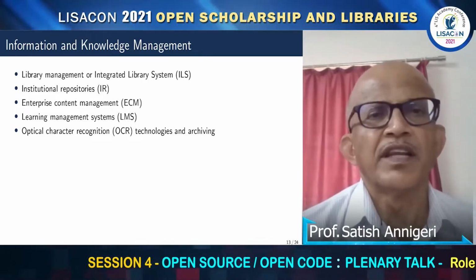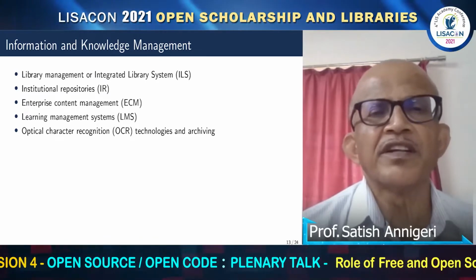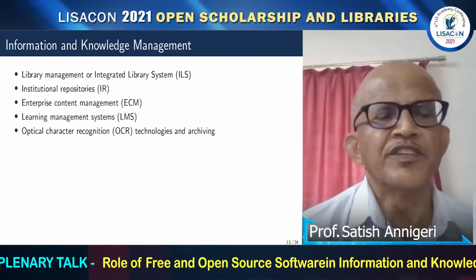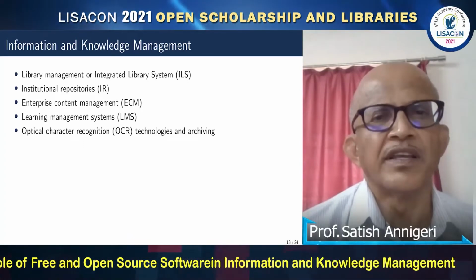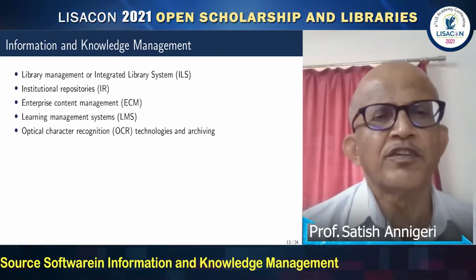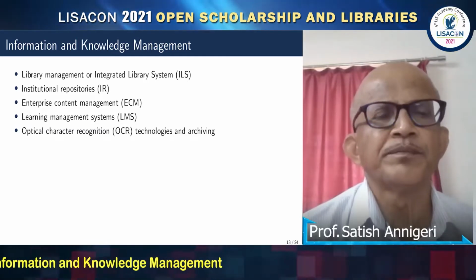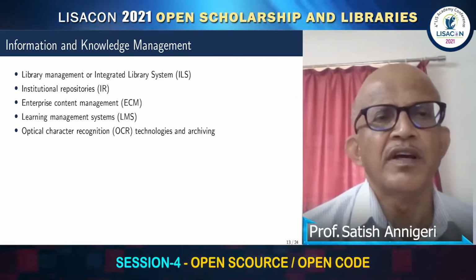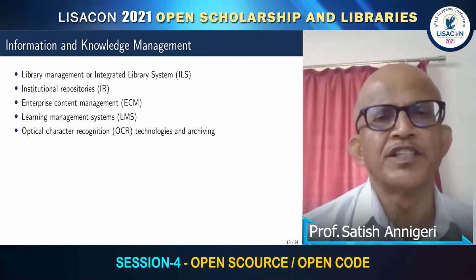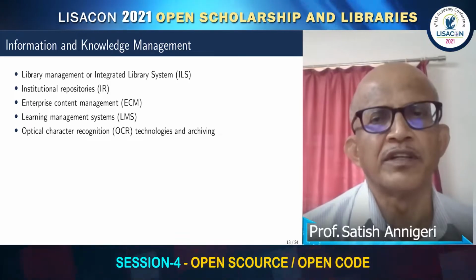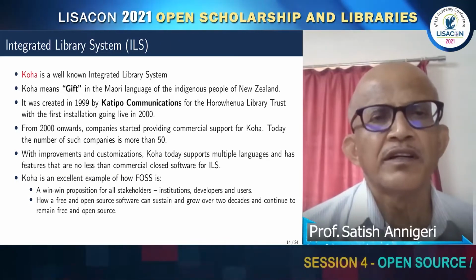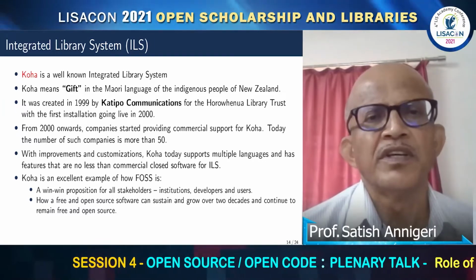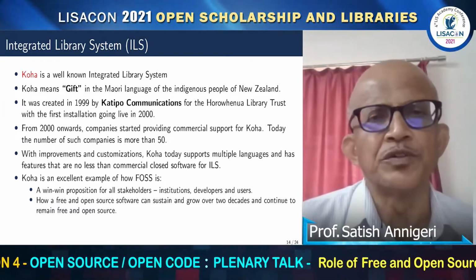They are the library management or the integrated library system, ILS, institutional repositories, IRs, enterprise content management, ECM, learning management systems, LMS, and optical character recognition, OCR technologies in archiving. These are critical components of information and knowledge management in higher education institutions.